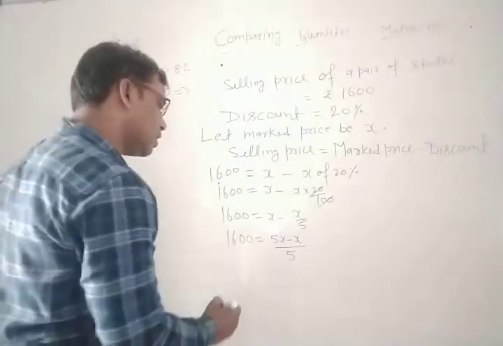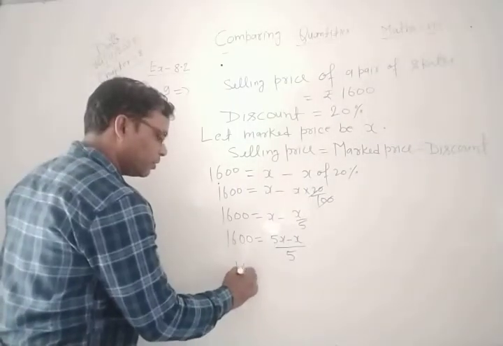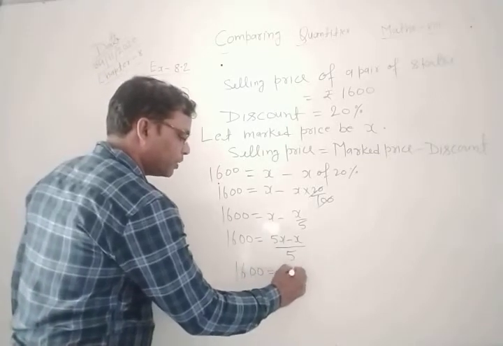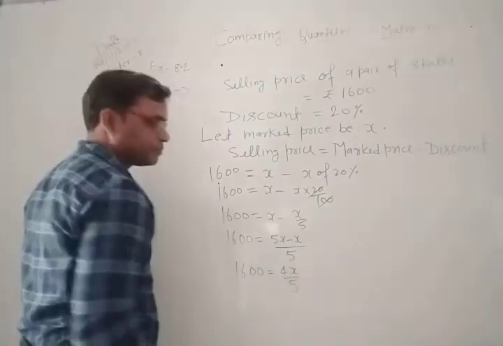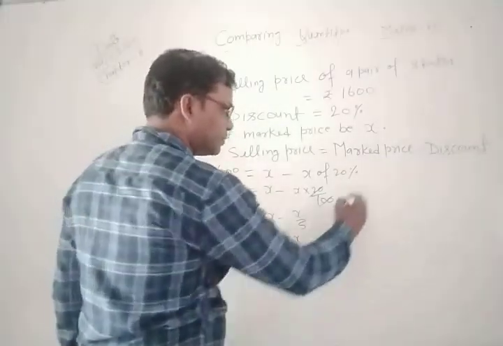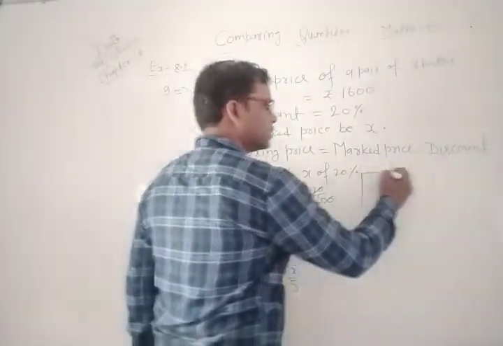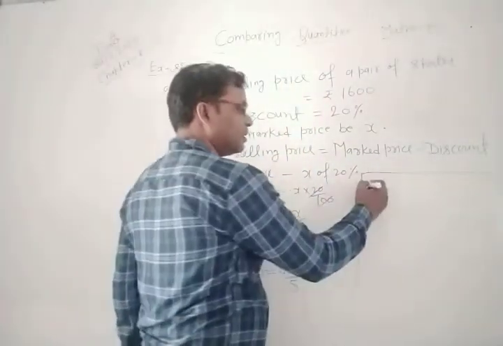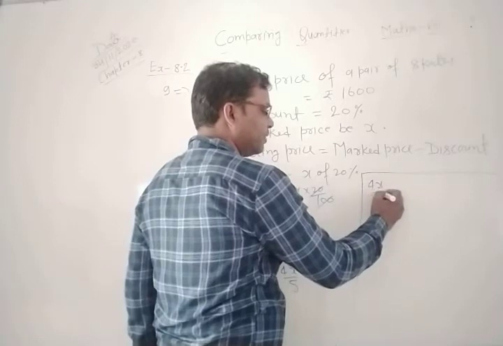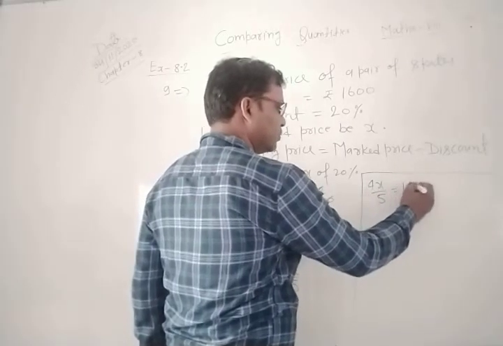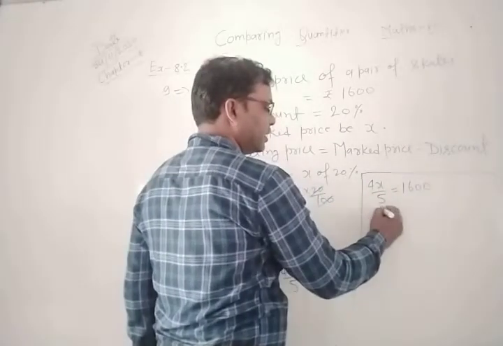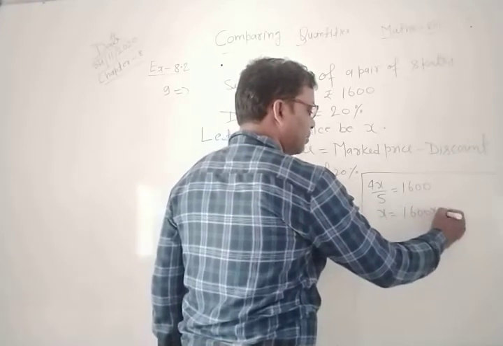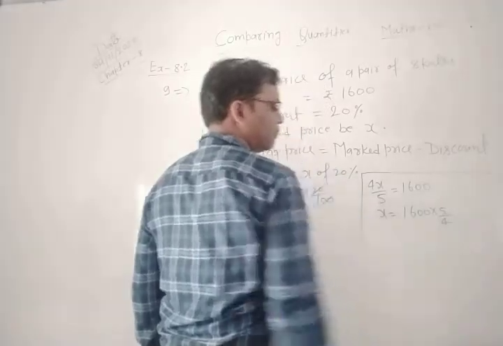Now, we can also write 1,600 is equal to 4x by 5. This implies that 4x by 5 is equal to 1,600. So x is equal to 1,600 into 5 by 4.